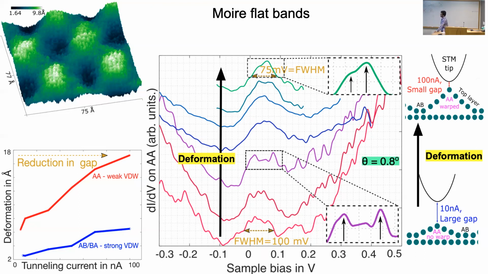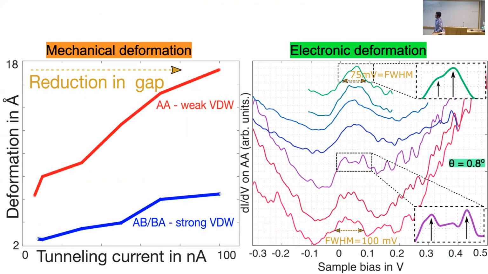So that brings us to the idea that when we use the interatomic forces from the tip, we can not only mechanically and topographically deform these moire domains, but we can also change the electronic bands as a function of deformation. This aspect is called strain engineering, and this is the topic of my dissertation.